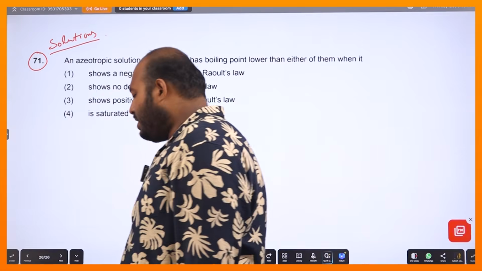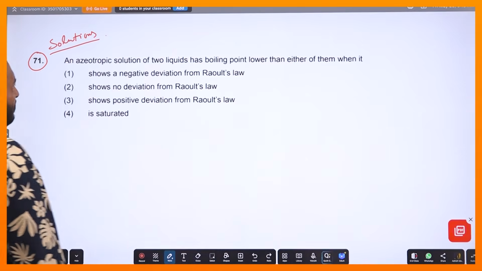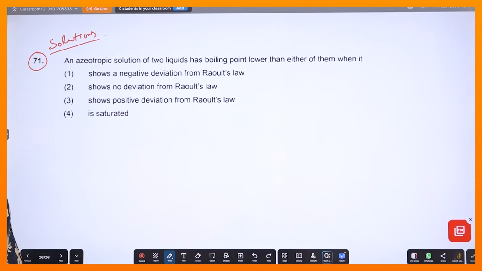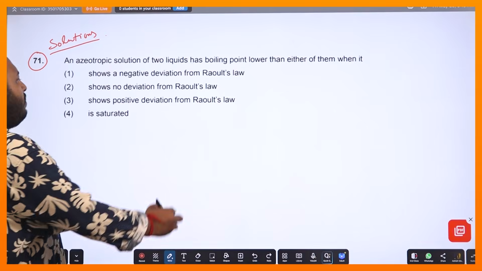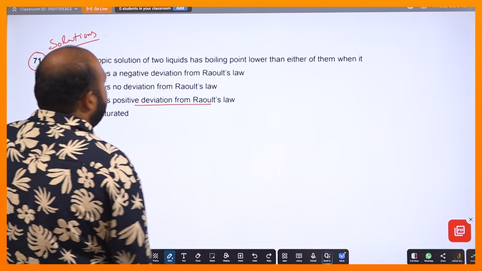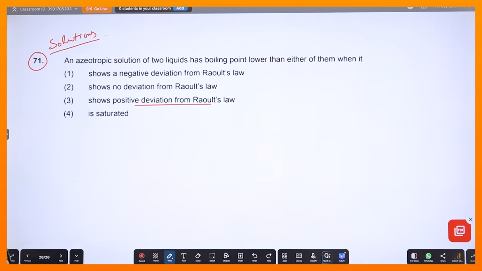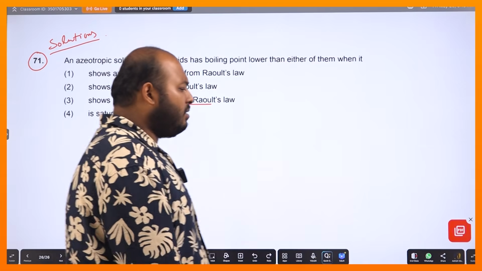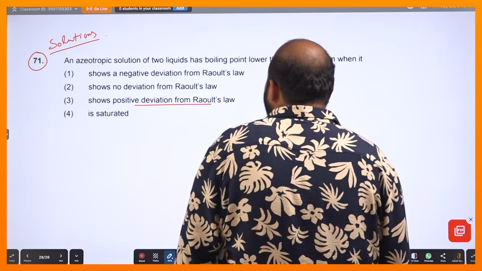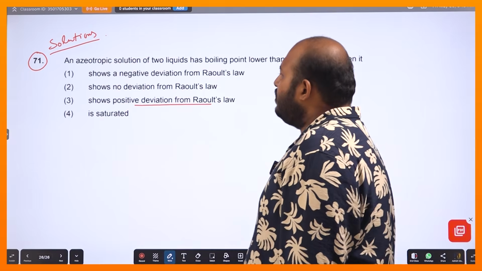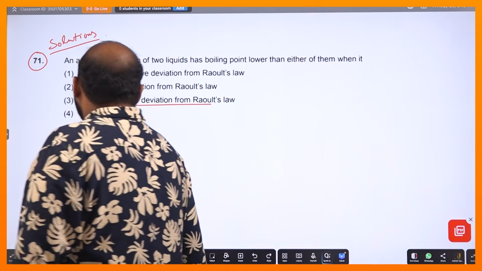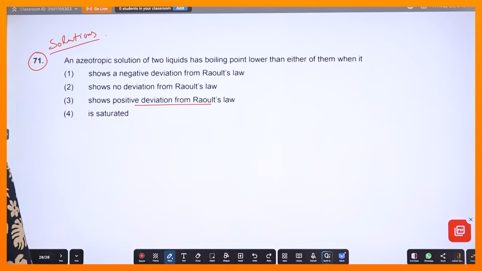So you know that whenever there is a lowering of the boiling point, it is mainly due to the positive deviation of Raoult's law, and vice versa. If there is a increase in the boiling point, then it will be due to the negative deviation. So we can easily conclude that this is option 3. This is the correct one.